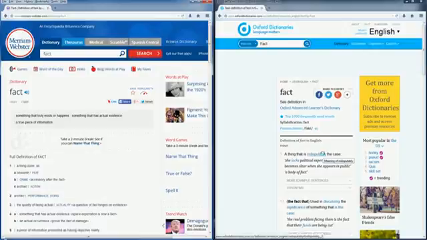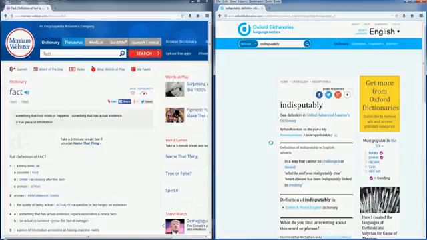So anyway, the first thing I'm going to look up right in here for the word fact is indisputably the case. So, indisputably, let's take a look at what this actually says. And it says, in a way that cannot be challenged or denied. So let's look up the word challenged.